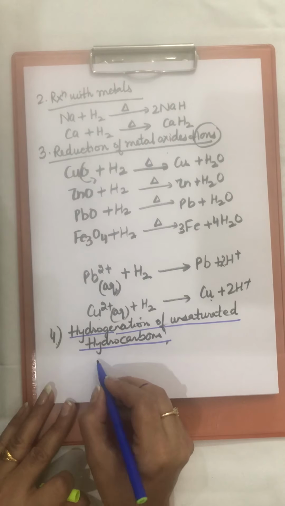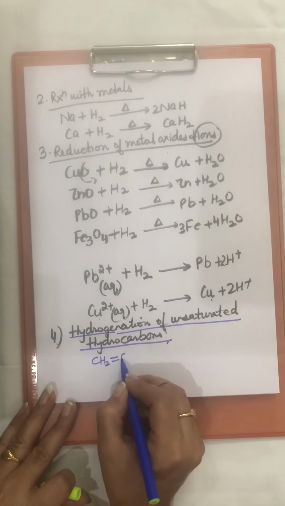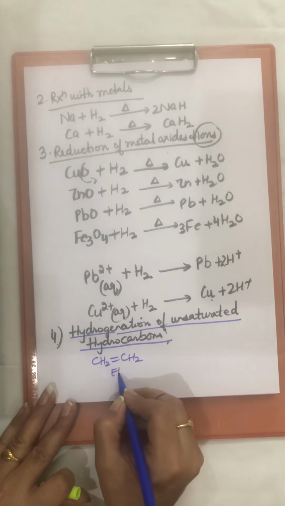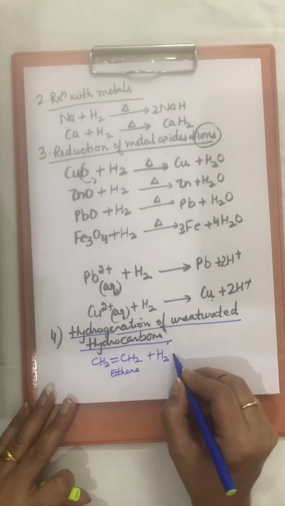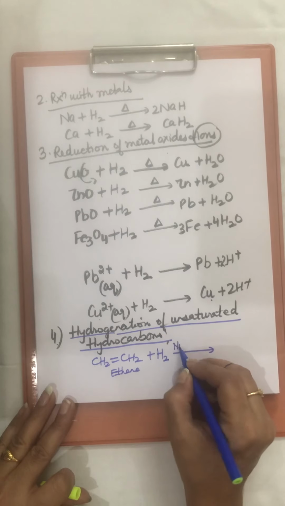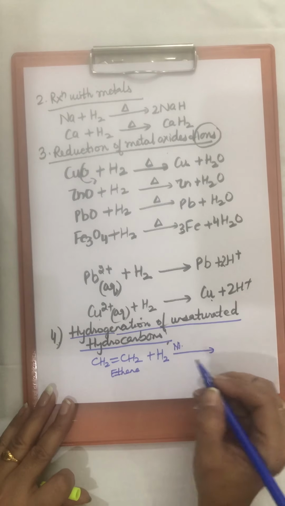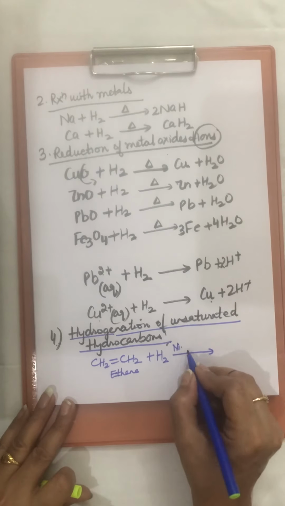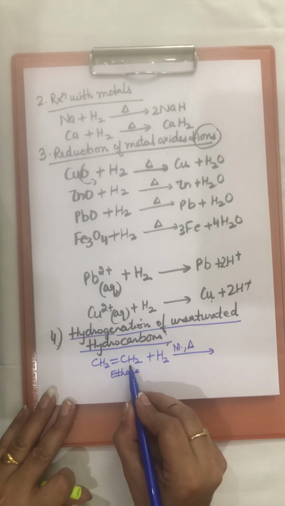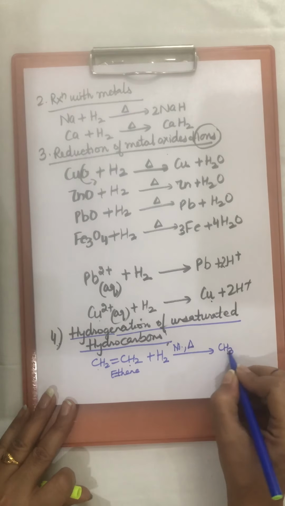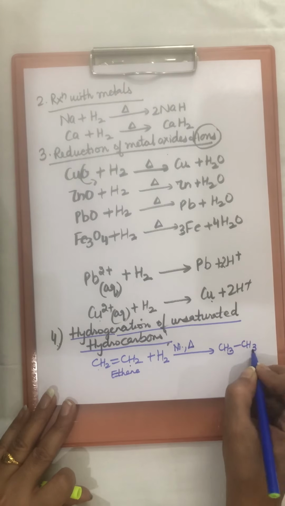If we take an unsaturated hydrocarbon like ethene and react this with hydrogen in presence of a catalyst nickel or platinum or palladium, on heating, hydrogen will add up to the unsaturated carbon atoms and change these to saturated hydrocarbon.